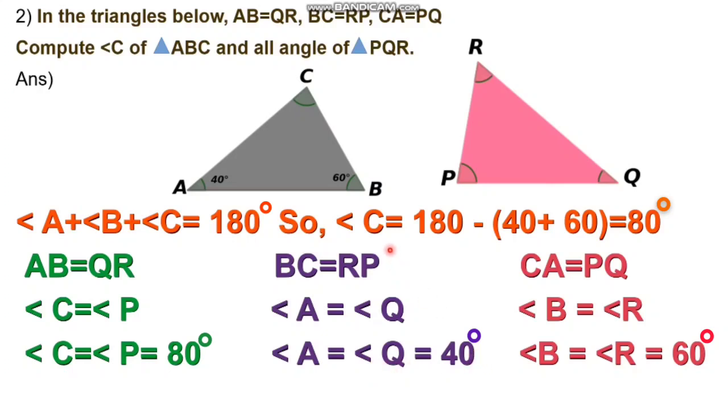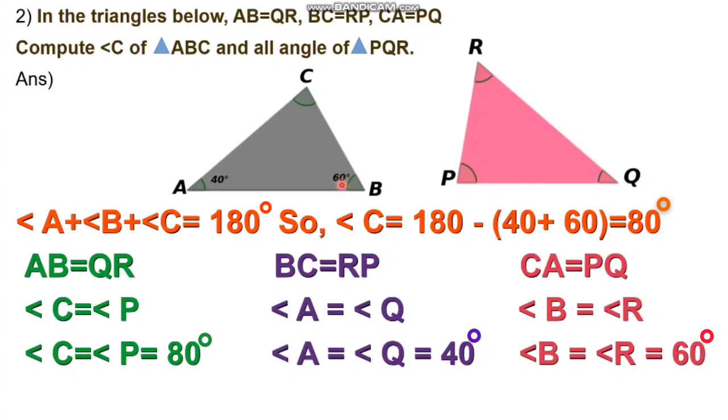Now the third side. CA and PQ are equal. CA and PQ are the equal sides. Now we are taking the opposite angles of these sides.